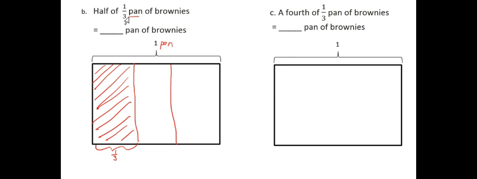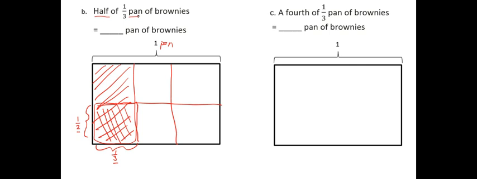Now I have to find half of the 1/3, which means I'm going to draw a horizontal line dividing the thirds in half. And this shows my 1/2. To find the answer, I have to show where the 1/2 overlaps with the 1/3, because this piece is 1/2 of the 1/3 piece.